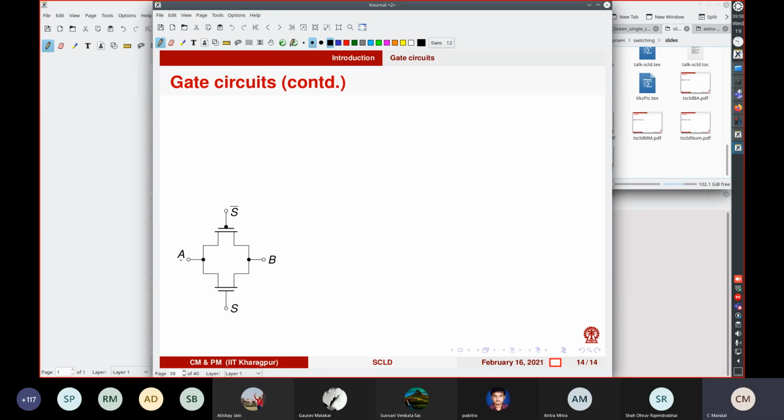So we'll use the same principle. Suppose A is high. Let us consider the situation that A is high, say 5 volts.